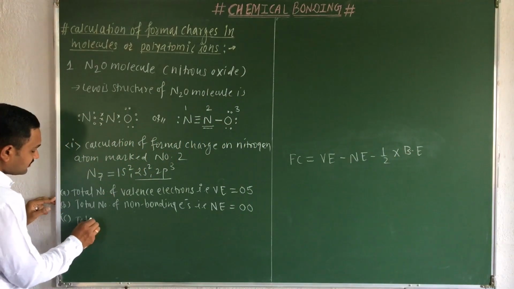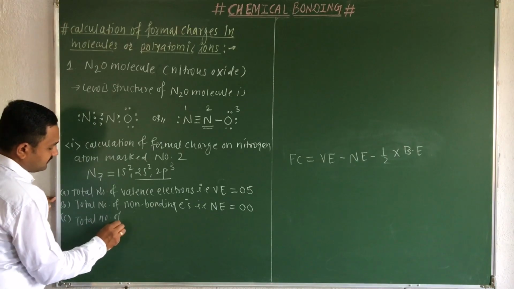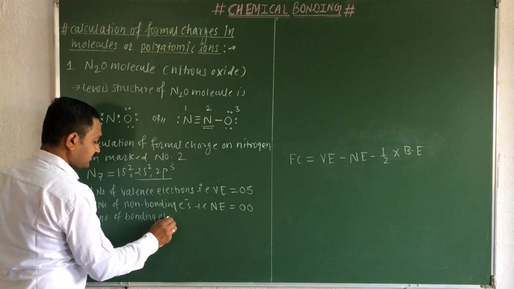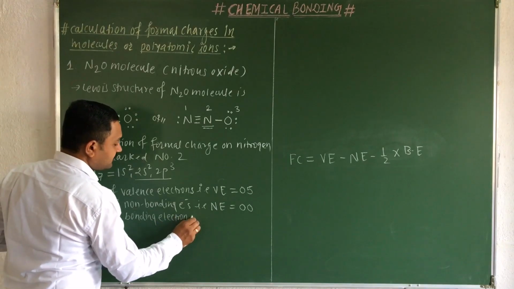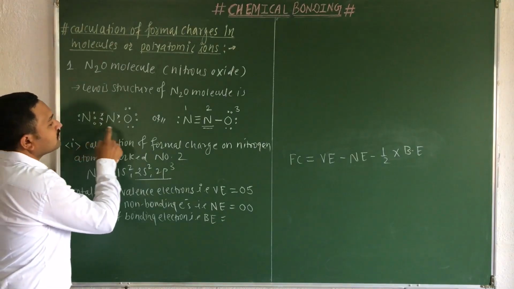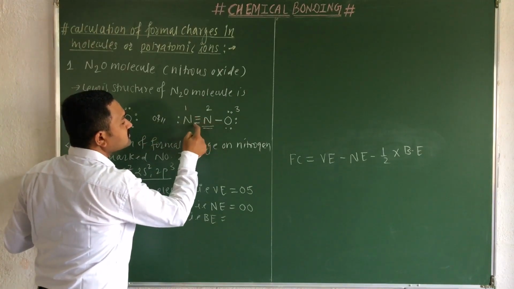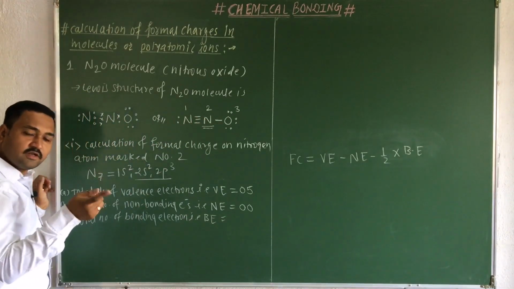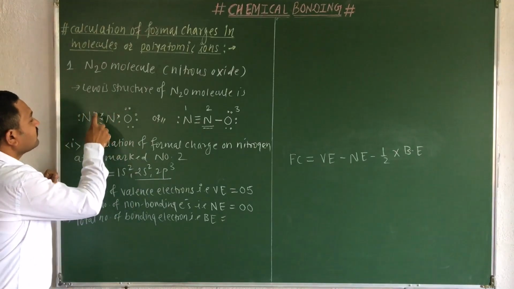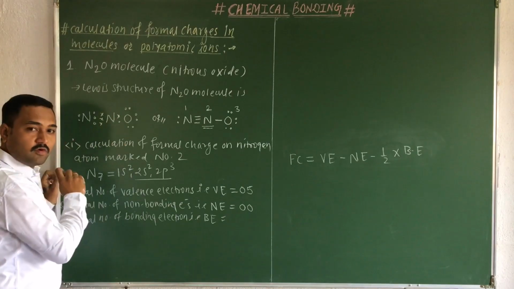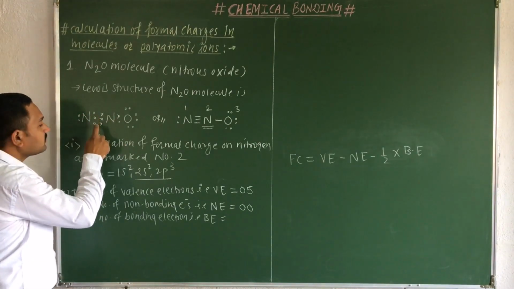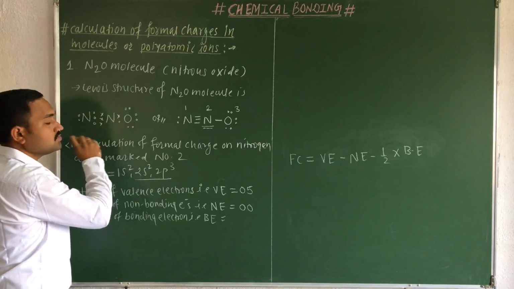Now the next term that we must consider is the bonding electrons. So let us find out the total number of bonding electrons, that is BE. Here you can observe that the nitrogen atom forms 4 bonds. We know that each bond is formed by 2 electrons. So there are 4 bonds: first, second, third and fourth. The total number of electrons will be 2 plus 2 is 4, plus 2 is 6, plus 2 is 8.